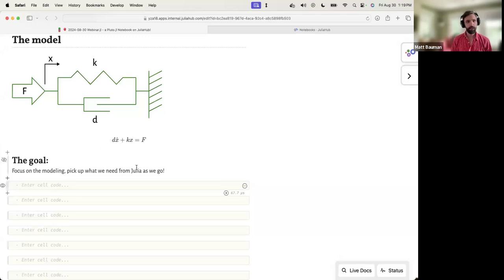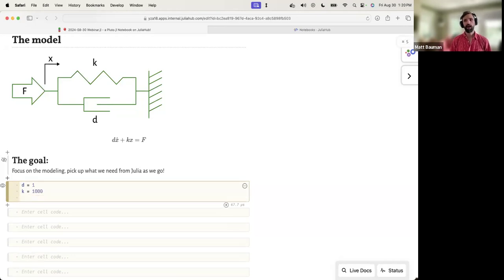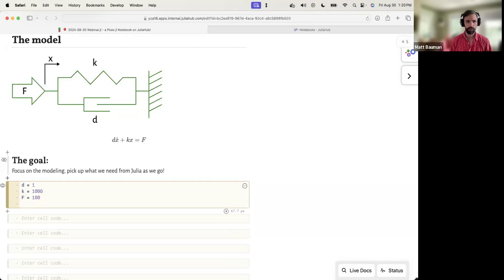Well, we can start off by just defining our constants, right? We know that D is a parameter. We know that K is a parameter. We have some spring force. We know that we're going to apply some force F. Of course, you could think of these as having units or do this a little more carefully. But then we want to see how the system evolves over time, right? So we're going to look at some time steps.